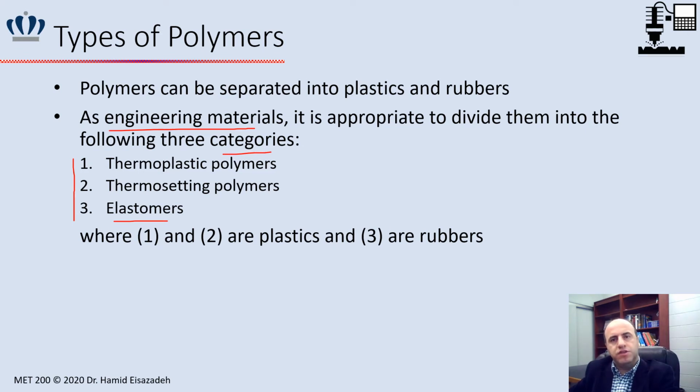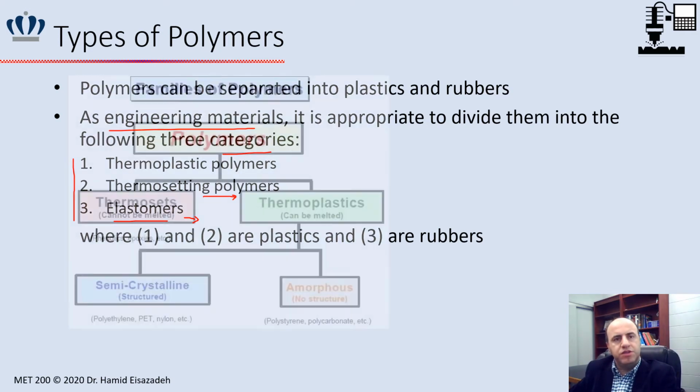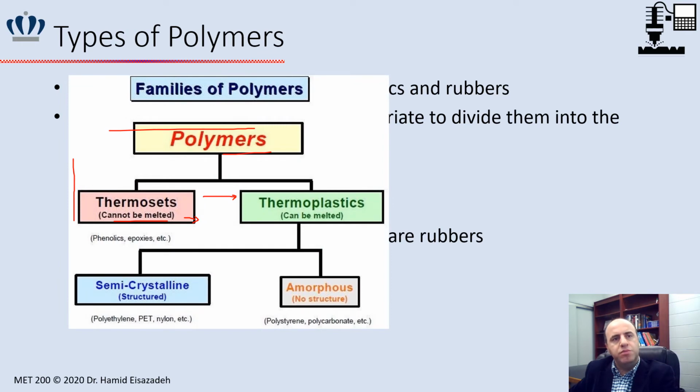Nylon is the next one, and for thermoset we have epoxy. For elastomers we have natural rubber and synthetic rubber. And here I have a schematic that shows you the family of polymers: polymers, thermoplastic, and thermoset. I should draw another one here, which is elastomer.